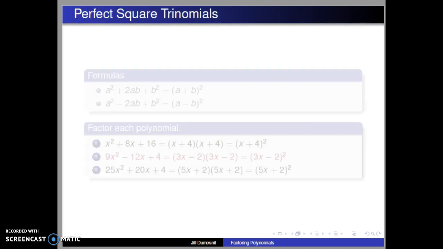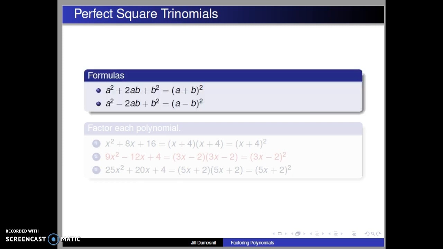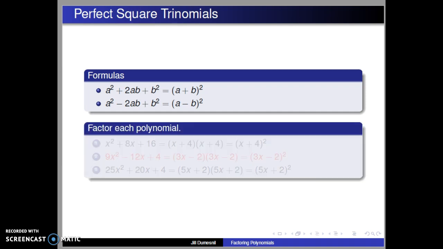Now let's consider examples factoring perfect square trinomials. We've got the formulas repeated here for convenience. We want to factor each polynomial, starting with x squared plus 8x plus 16. We notice that the first and third terms are perfect squares, and the middle coefficient is even.